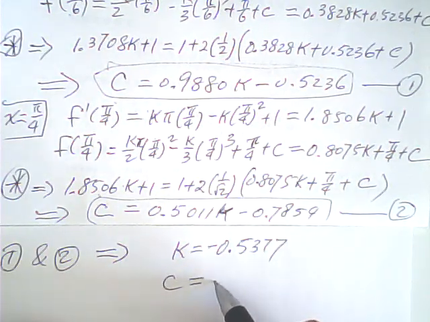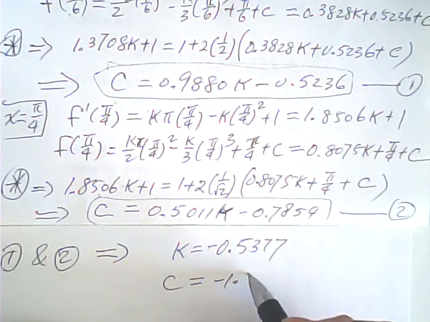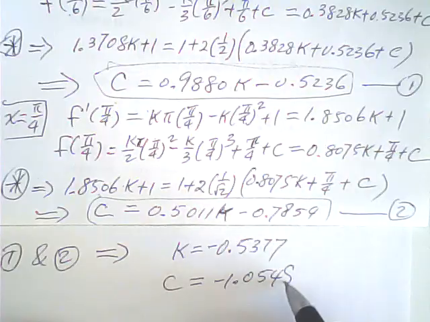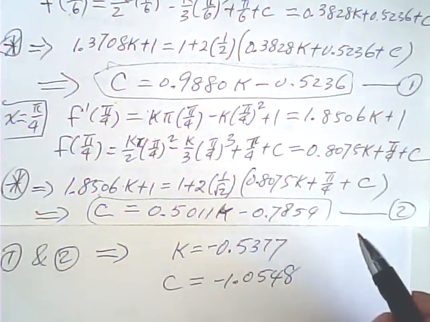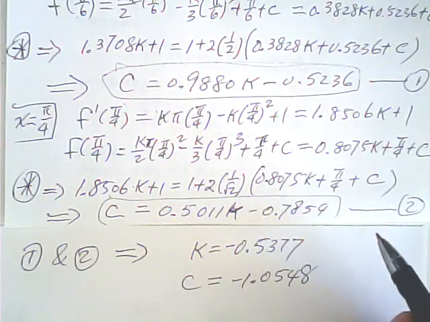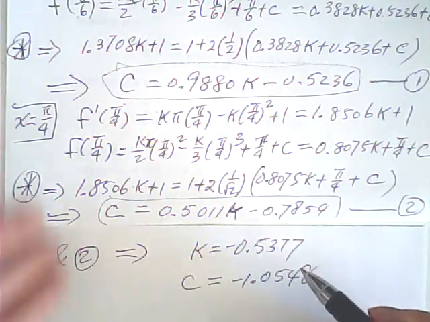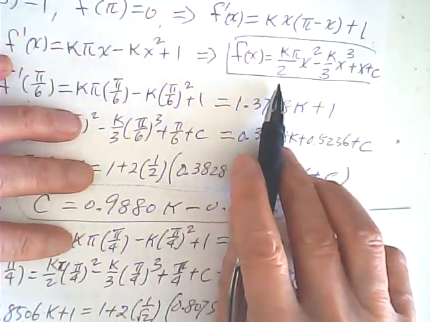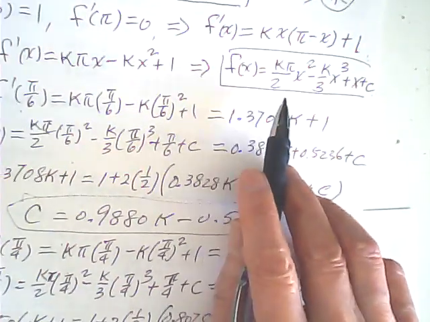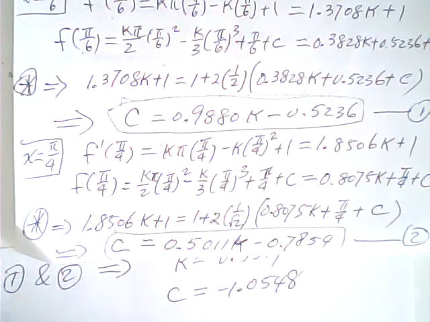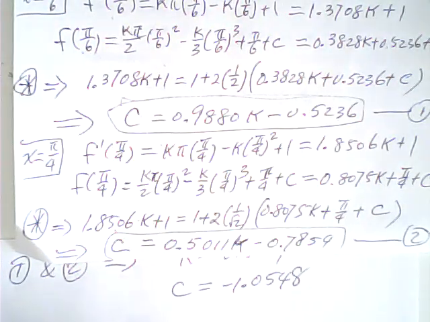C is equal to negative 1.0548. Then we plug this into f of x, so we can find f of x.